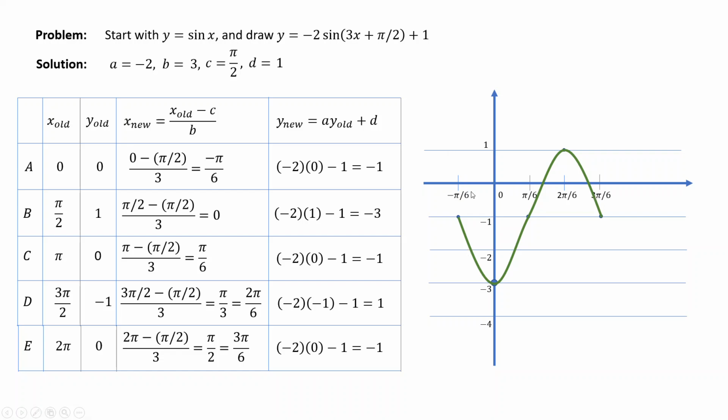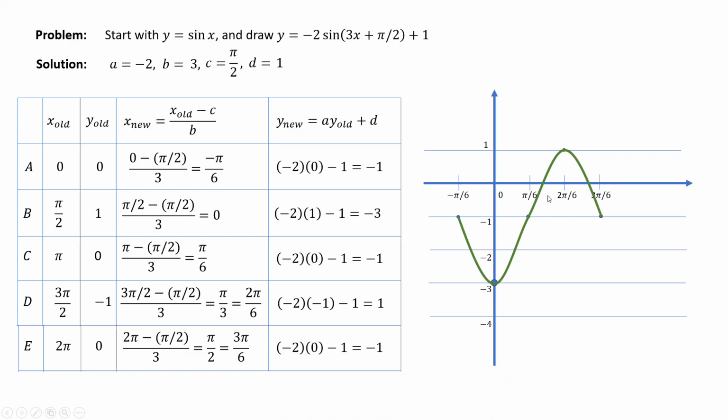Okay, these are called tick marks. Make ticks in the x direction and ticks in the y direction. Space them equally and be guided by this common denominator thing, pi over 6, pi over 6, pi over 6, multiples of pi over 6.